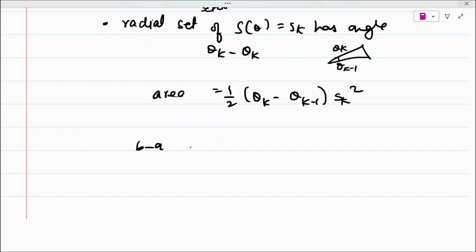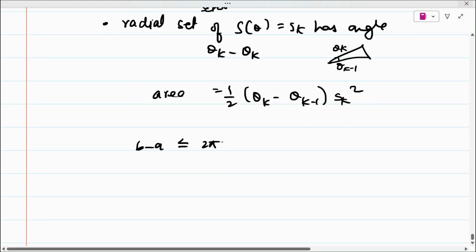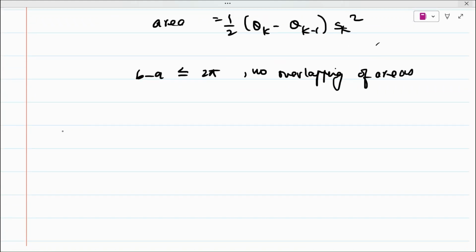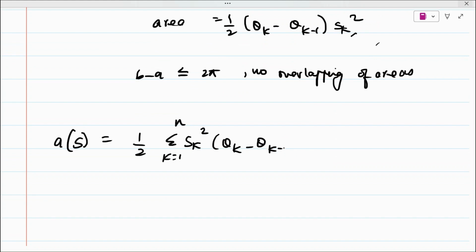And since b minus a is at most 2π, this is why we define it so there is no overlapping of areas. Then we add them all up. The whole set has area half of the sum from k equals 1 to n of s_k squared times theta k minus theta k minus 1.